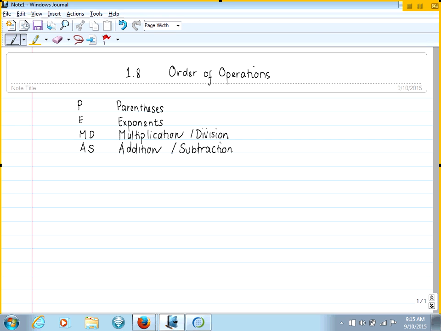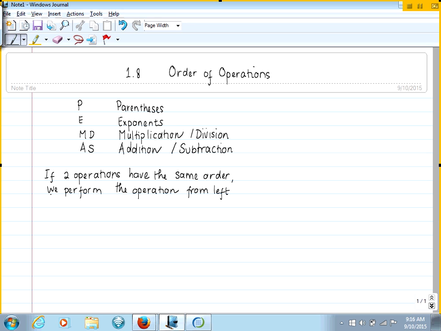So if two operations are the same order, then we do it from left to right. Yeah. So if two operations have the same order, we perform the operation from left to right.